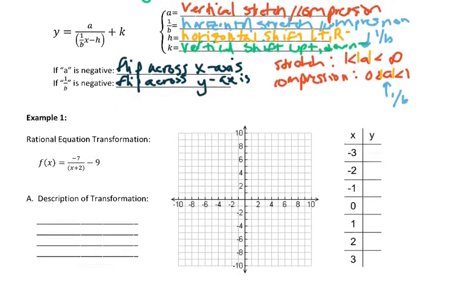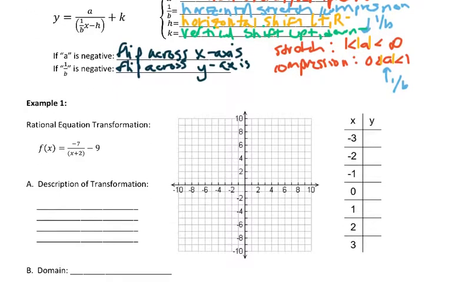Alright. So, we're going to go ahead and graph a rational function, and then talk about its transformation. So, the first thing that I'm going to do is actually graph the parent function, which is 1 over x.